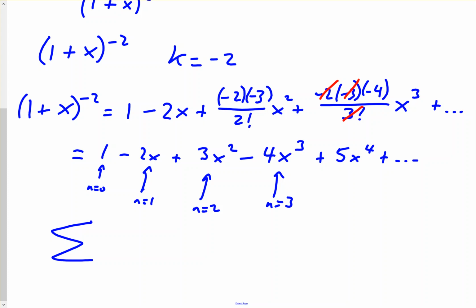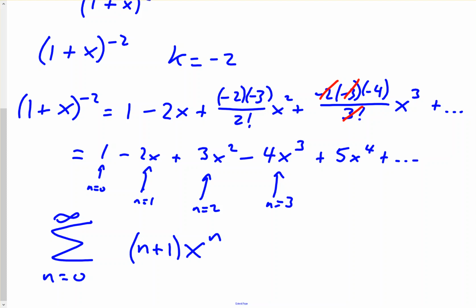So the x to the power is going to match the n. So I'll have n starting at 0 to infinity, and I'll have x to the n. And then the number in front is always one more than the n. So if n is 3, the coefficient is 4. If n is 2, the number in front is 3. So that means in front of this will be n plus 1.